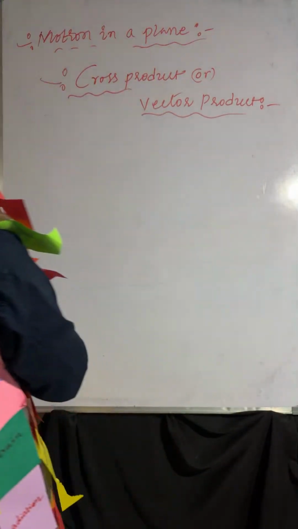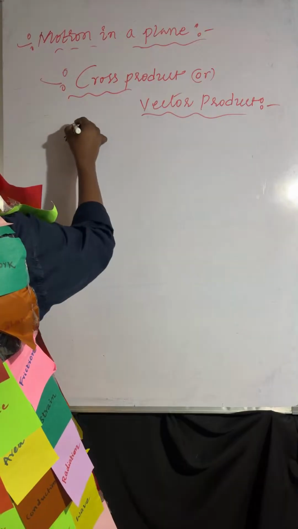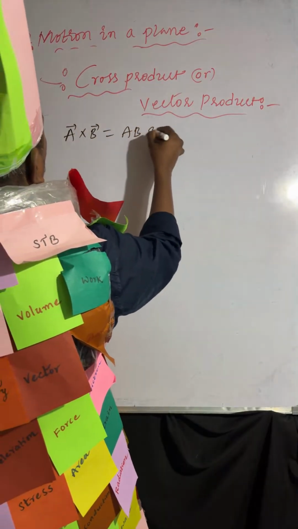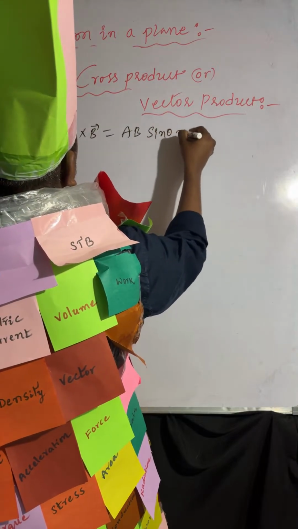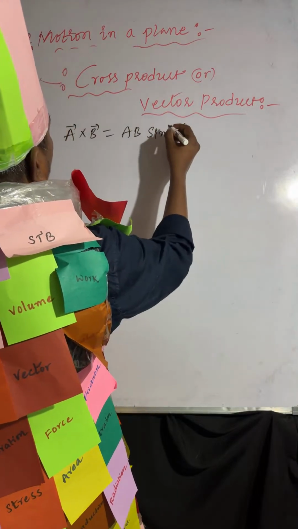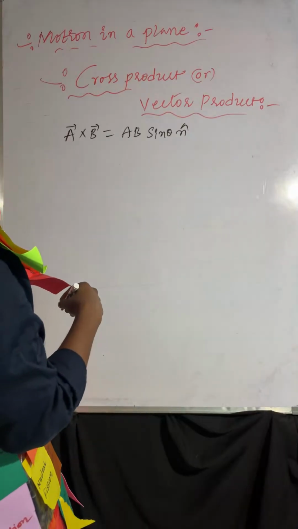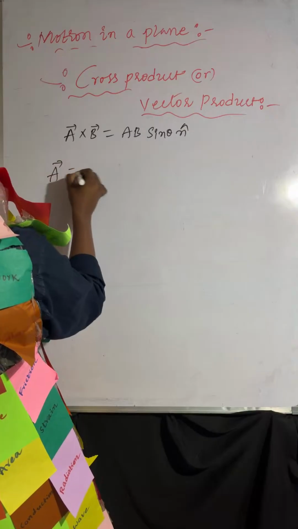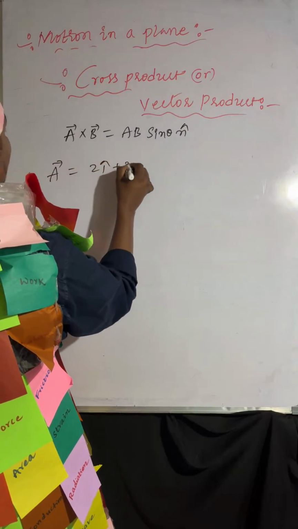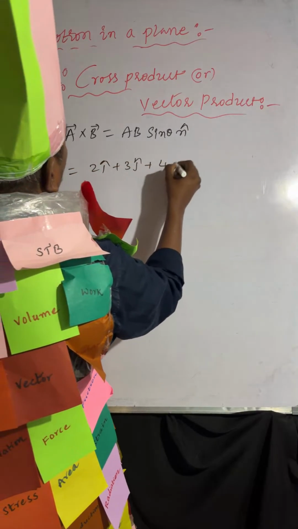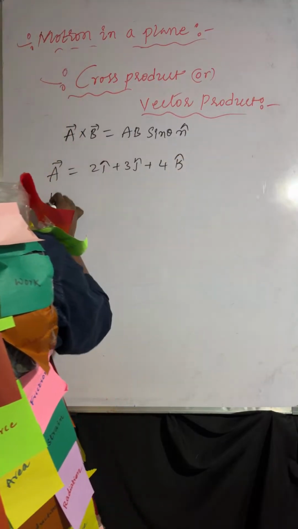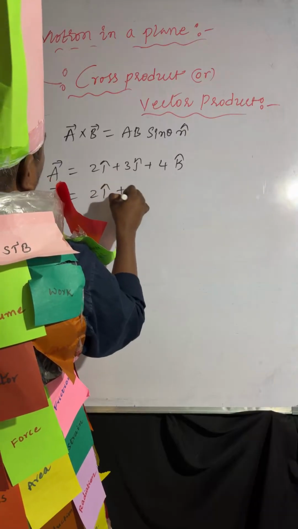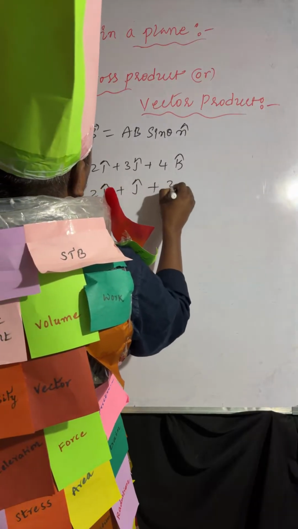The cross product of two vectors is equal to the product of their magnitudes and the sine of the angle between them. Now a bar equals 2i cap, 3j cap and 4k cap, and b bar equals 2i cap, j cap, 3k cap.